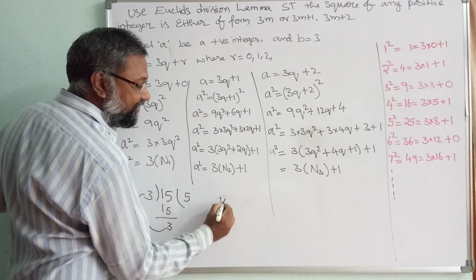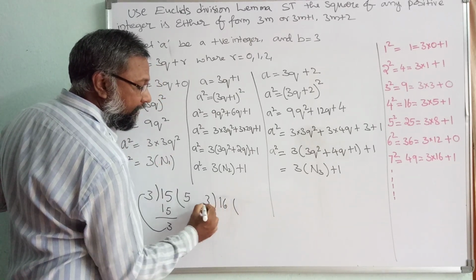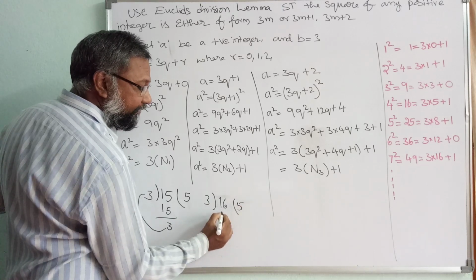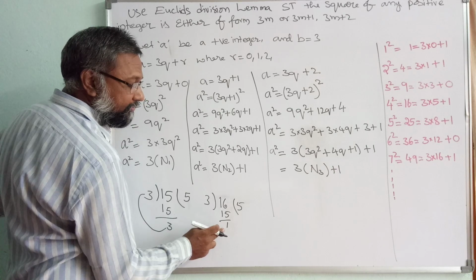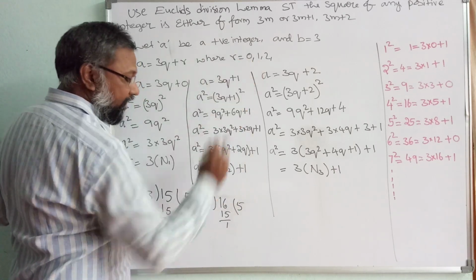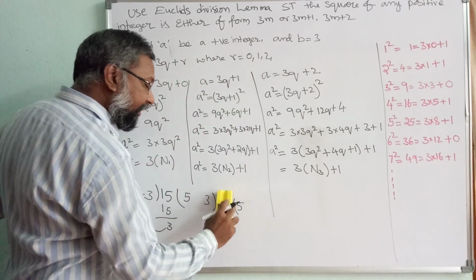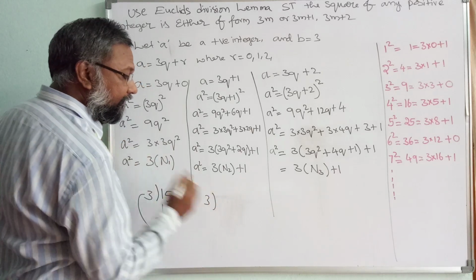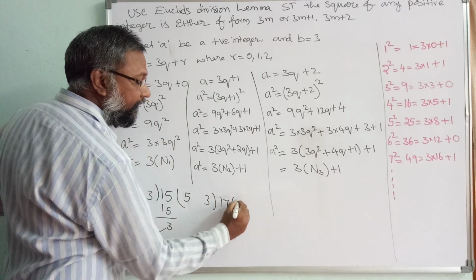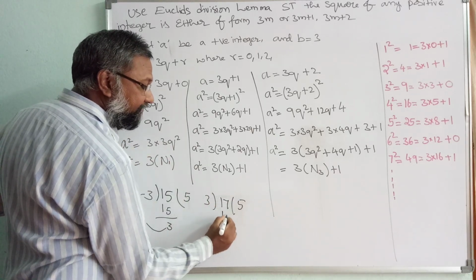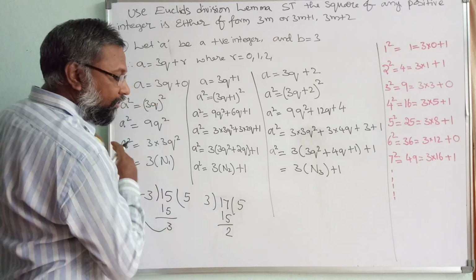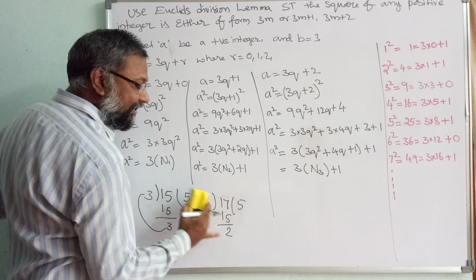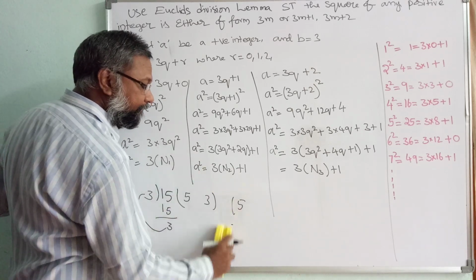If you take 16, 3 cancels 5 times and it is 15, 1 is the remainder. If you take 17, 5 times will cancel and 15 will be there, 2 is the remainder. 2 is less than 3.